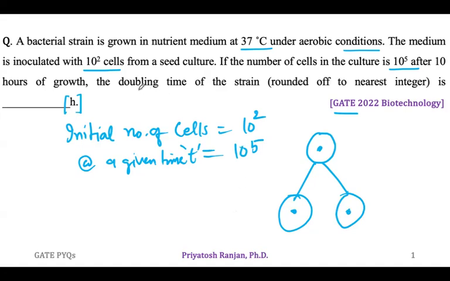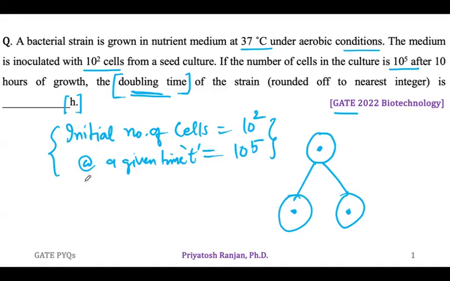So we need to calculate the doubling time, which is the time it takes for a bacterial cell population to double its size. But before that, we need to calculate the number of generations that have taken place when the bacterial cells increase their population size from 10 raised to the power 2 to 10 raised to the power 5.